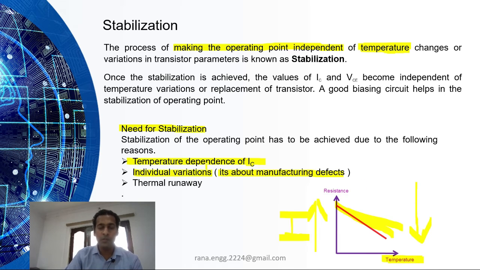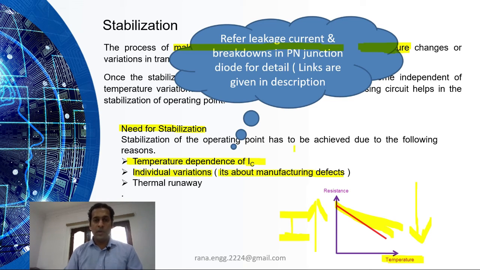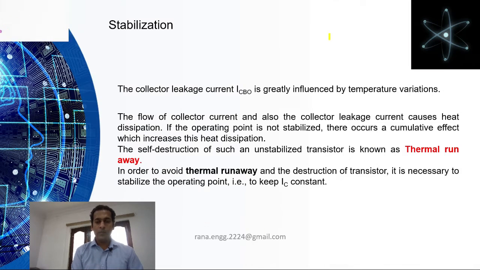So we have to control the temperature dependence if we want our circuit to work on specific currents and voltages. Then we have to make our circuit independent of temperature. For the background, you can refer to leakage currents and breakdowns in PN junction diode. I will share the link in the description of the previous classes. You can go through them for more details of this topic.